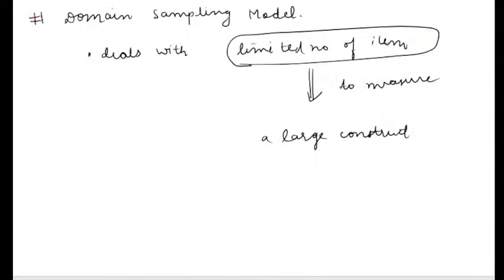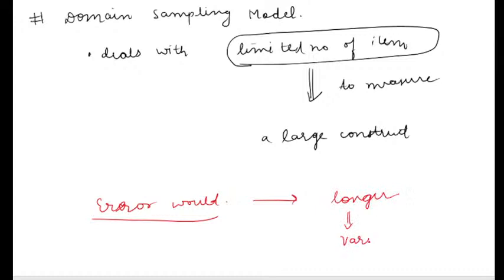As we talked, the error would be random, right? So if I am using a scale on a large population, if I am using a longer version of that particular scale, we just need to calculate the variance of the observed score.